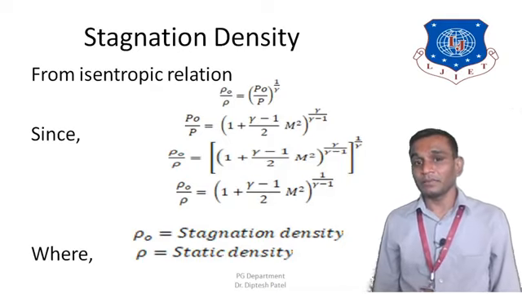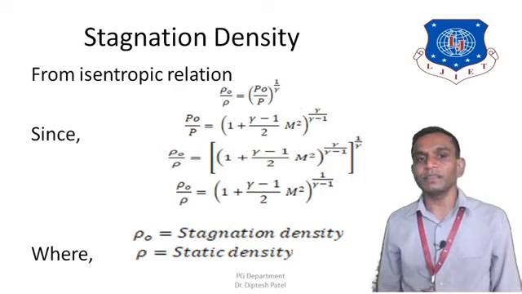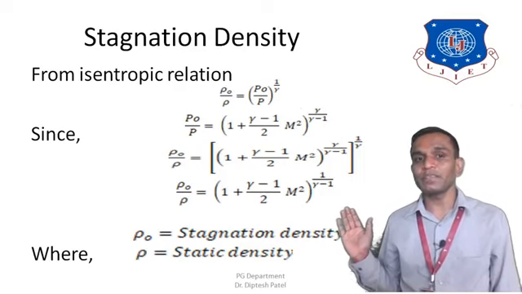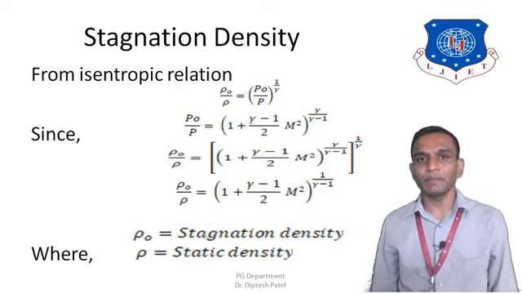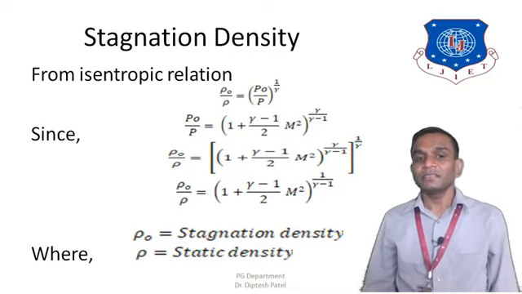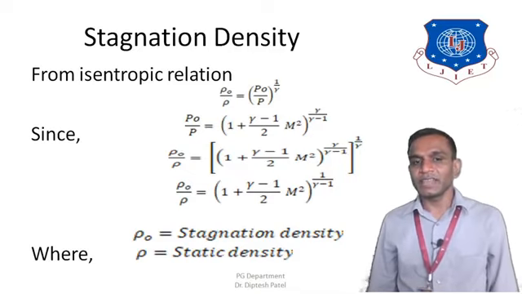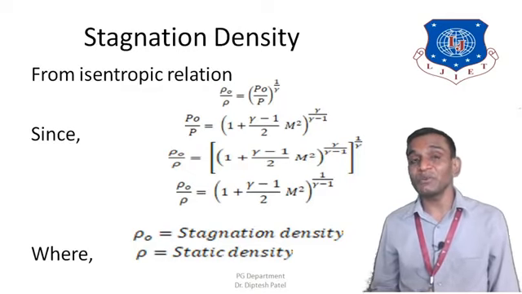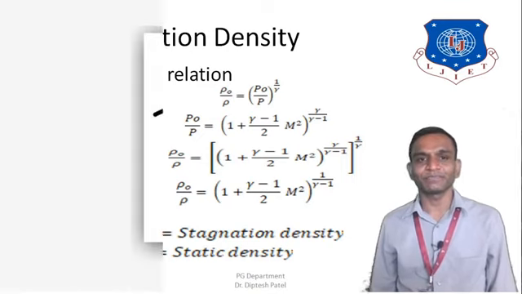Now the whole equation can be reduced to rho0 divided by rho is equal to (1 plus (gamma minus 1) divided by 2 M square) raised to 1 upon gamma minus 1, where rho0 is the stagnation density and rho is the static density. So in short, this is the ratio of stagnation density to static density.